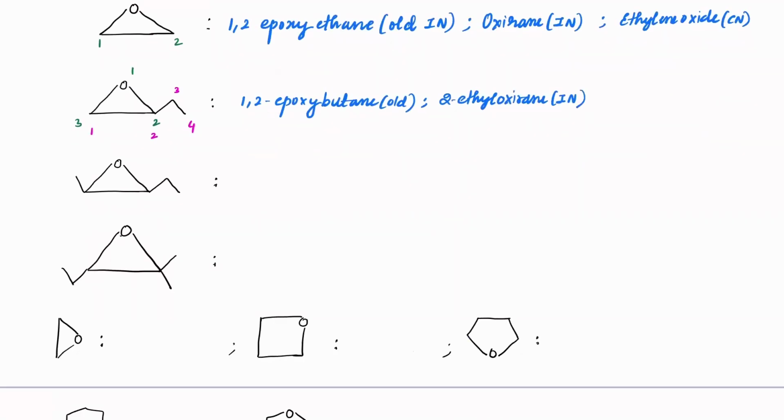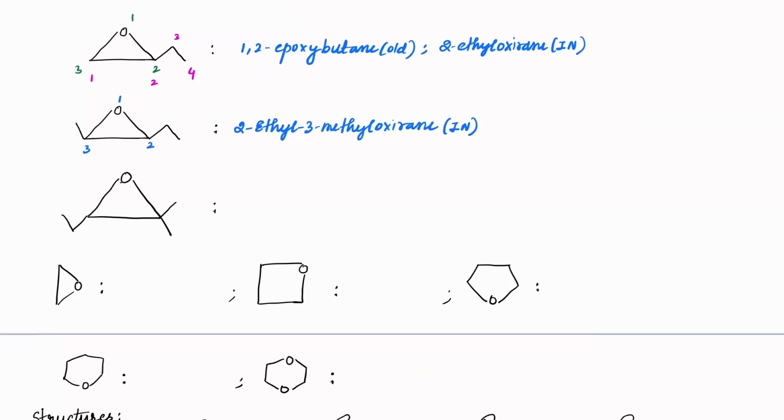Next one, if you go the same way, we'll write it as 1, 2, 3. So it is 2-ethyl-3-methyloxirane. That will be the IUPAC name. Old IUPAC name, I think you know the rhythm of what is to be written there. Similarly, 1, 2, 3.